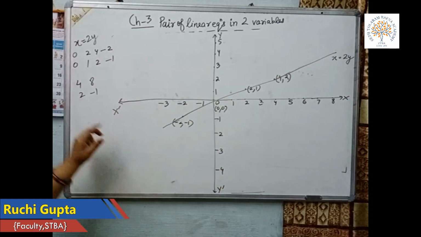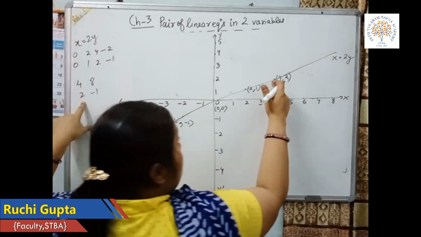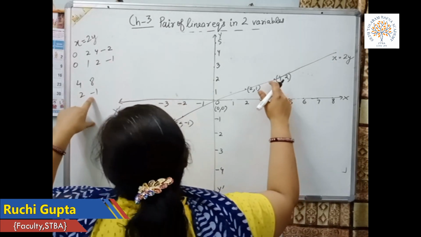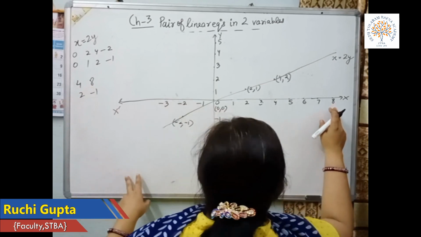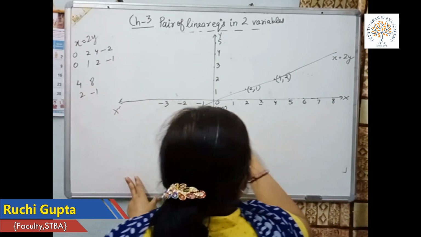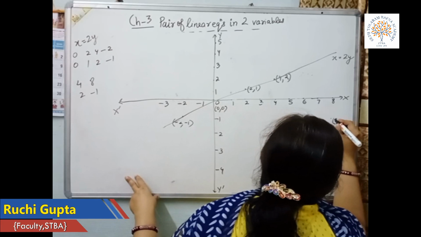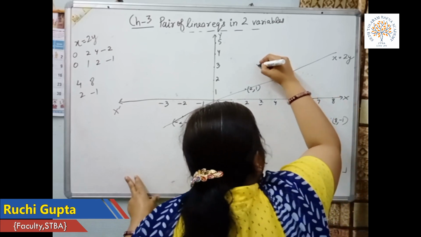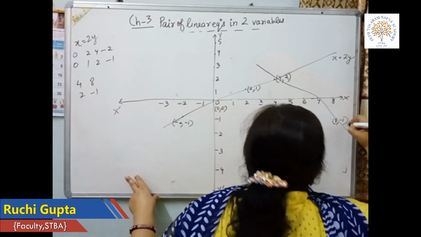Is that clear, students? Now the second points are 4, comma 2. This is the same point. And the next point is 8, comma minus 1. So the equation goes like this.